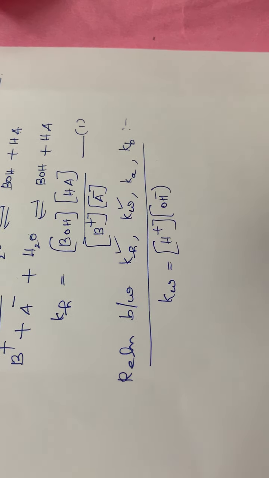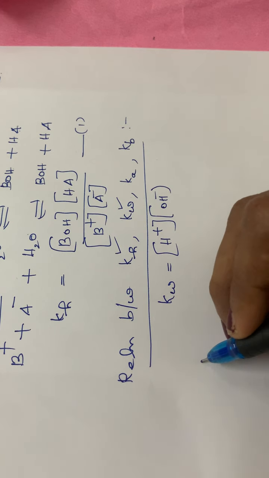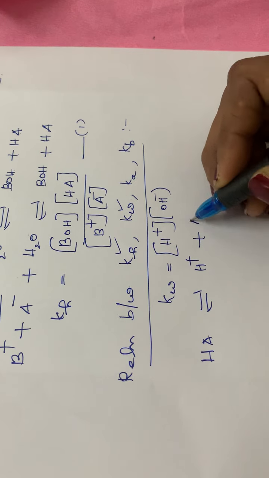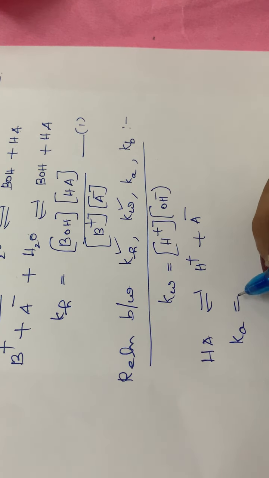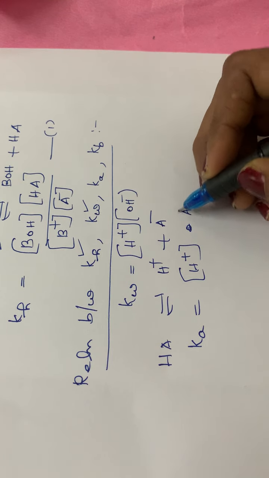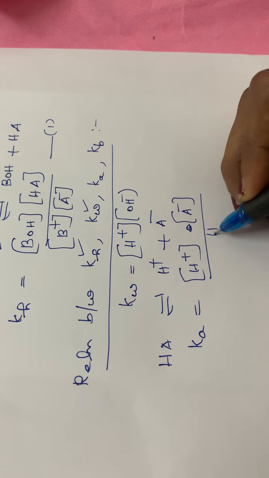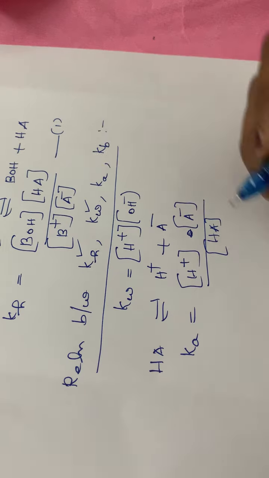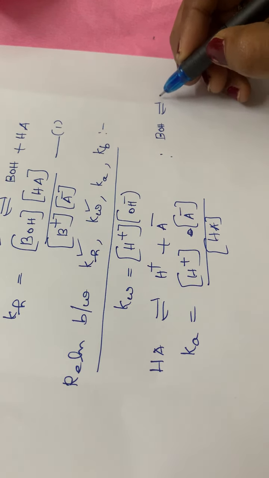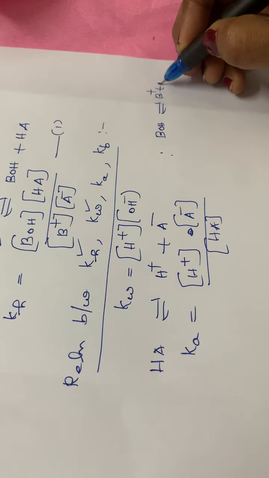Then what about Ka? That is the weak acid. So HA will be ionizing as H plus and A minus. So Ka will be equal to concentration of H plus into concentration of A minus divided by concentration of HA. Similarly, the weak base BOH will be ionizing as B plus and OH minus.